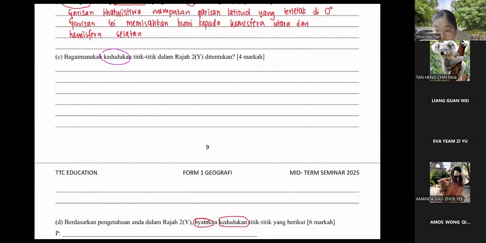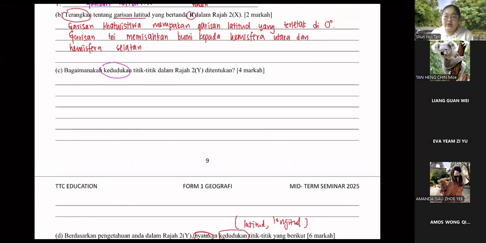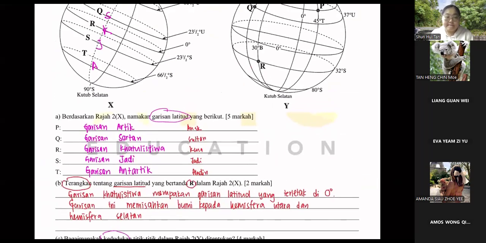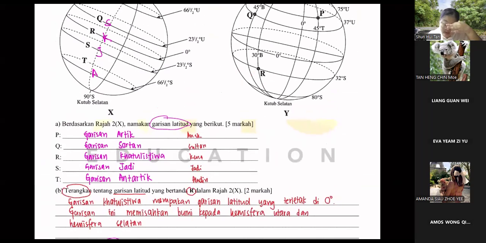When they tell you kedudukan, they expect you to tell me the latitude and the longitude. So look at it. P. Let's go up and find P, okay? Now, where is P located? P is here.